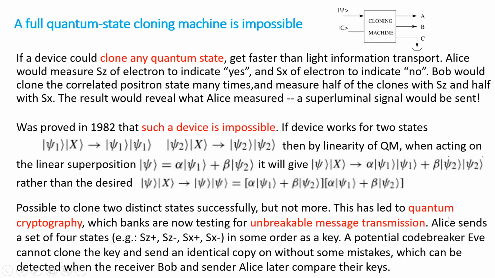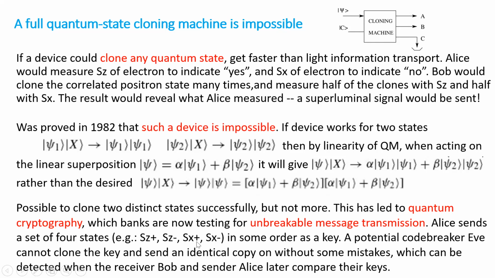So how would they work? Well, Alice, the sender, would send a set of 4 states in some order as a key. Let's say we were dealing with a stream of electrons. She could choose in some order the electron to be in SC plus, SC minus, SX plus, and SX minus.